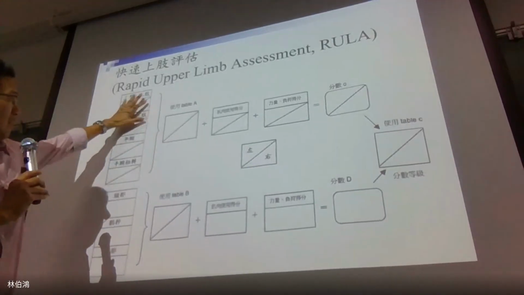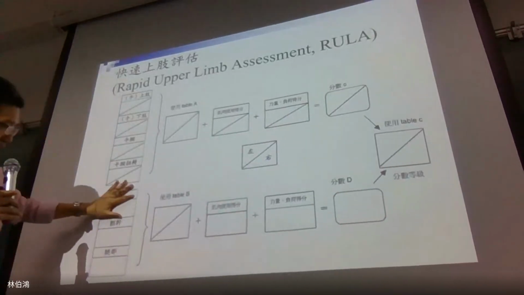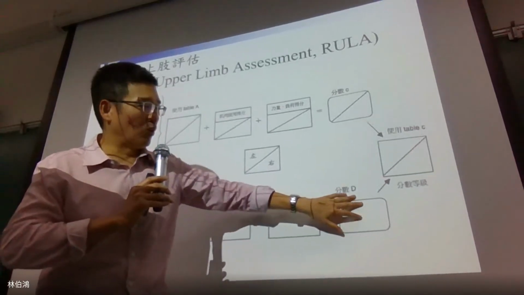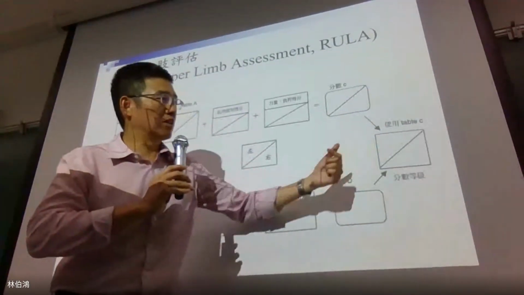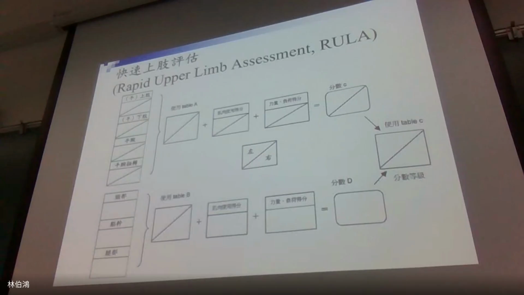So you can have one score in this table, and you can have this part in score D, and finally you can find out the final score. It is not very hard.